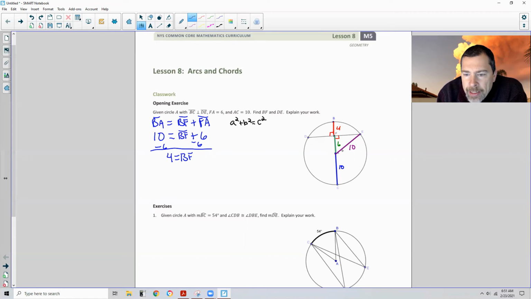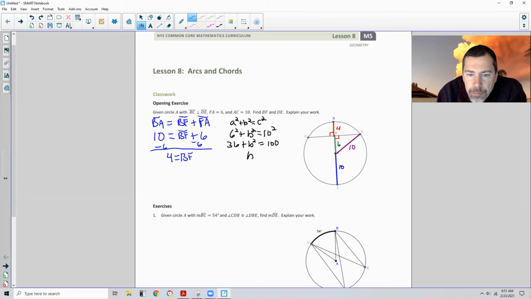Now what's A? Well, A is usually opposite our smallest angle, which would be here. So A is 6. B, we don't know. That's what we're trying to find, and that's FE. So I'll just leave it B. And the hypotenuse is 10. Simplifying this, 6 squared is 36 plus B squared equals 100, which is 10 squared.